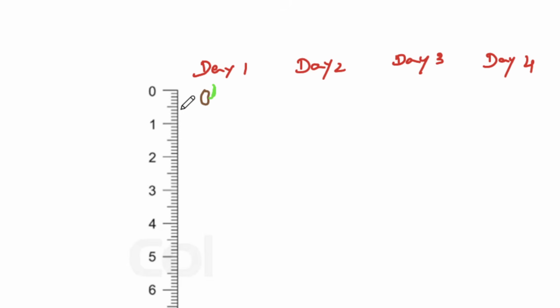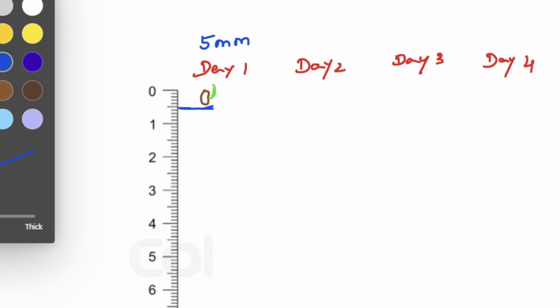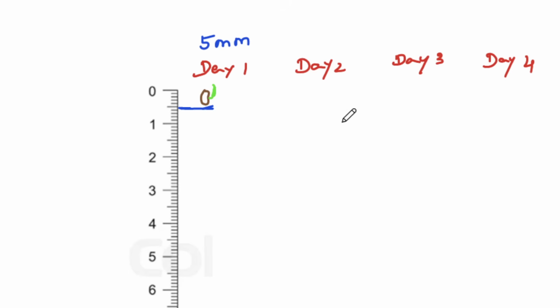So it is here. And what is the centimeter? It is not even 1 centimeter, it is in millimeter. So 1, 2, 3, 4, 5. So day 1 it is 5 millimeter. Okay, and day 2 it will grow a little more. This is day 2.